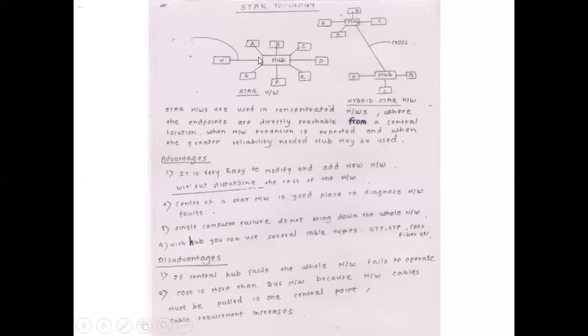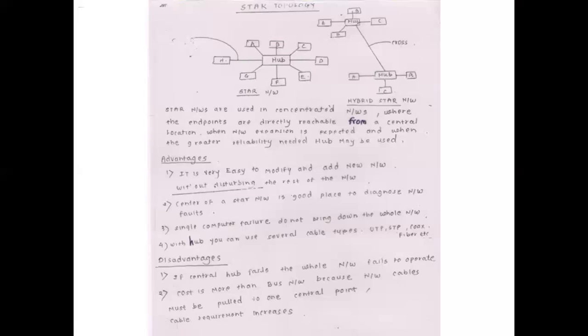Number three, with a hub or layer 2 switch, you can use several cable types, that is UTP, STP, coaxial, fiber, etc. UTP stands for unshielded twisted pair cable, STP stands for shielded twisted pair cable, then coaxial cable and fiber cable. If you want gigabit Ethernet, then normally you go for fiber connectivity. So the mostly used network topology is nothing but the star topology.